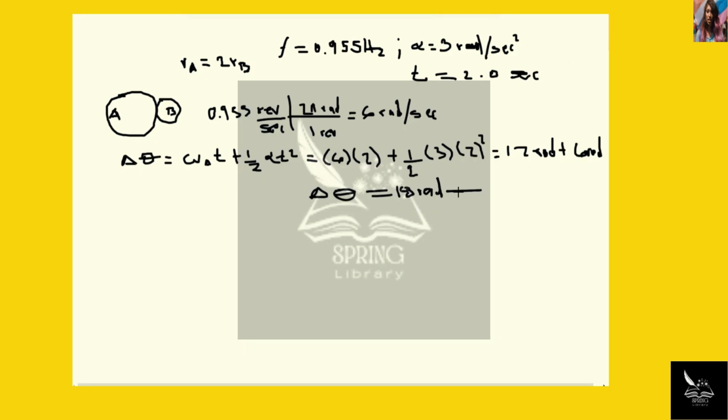Again, if we want to convert this into revolutions, 2 pi radians is 1 revolution, and this is going to give 2.86 revolutions for gear A.